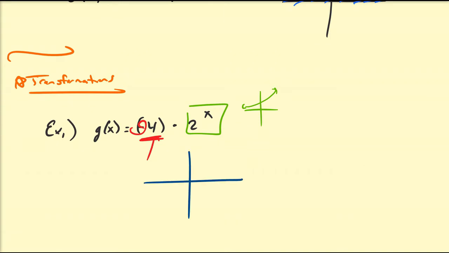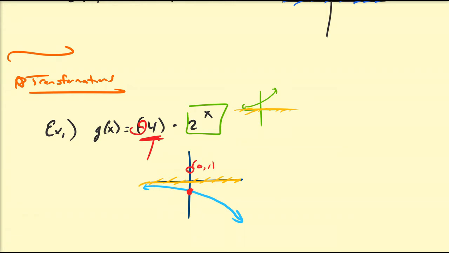Since that negative is going to flip it upside down, this graph is going to have this type of structure. Remember, this curve has a horizontal asymptote at y is equal to 0. This curve also is going to have the same exact thing because we're not shifting it up or down. Now, I just want to include one more piece of detail, namely the y-intercept. This used to be at (0, 1).